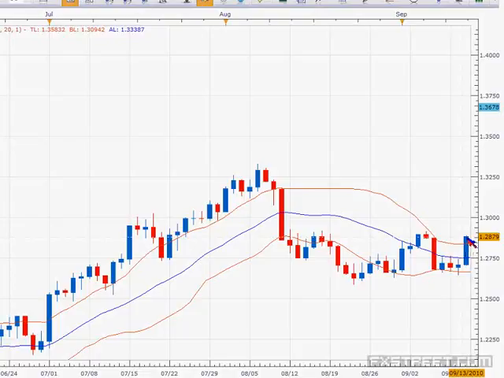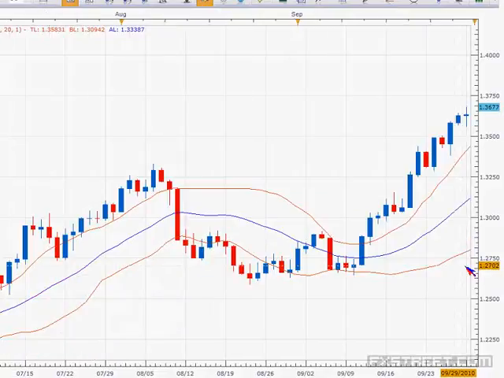So I'm going to go ahead and enter at the market on the close. I'm going to place my stop just below the low here, and I'm going to calculate that distance between my entry and the stop and have a take profit level, a limit order of twice that distance. And so then as we progress on forward, you could see that the stop would have easily been taken as we took off to the upside.